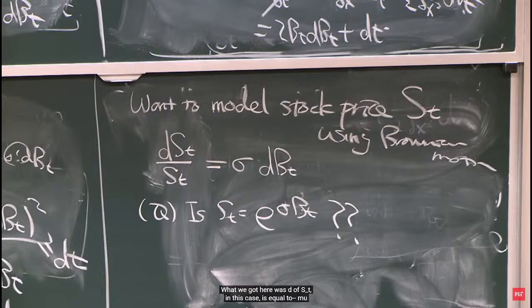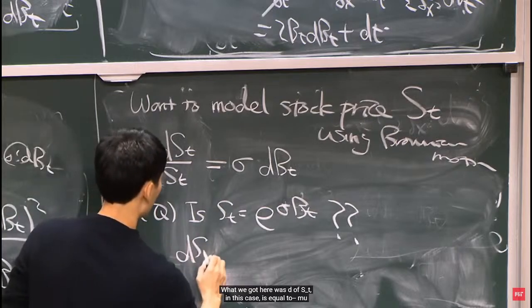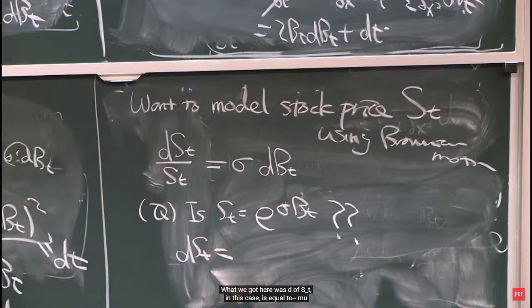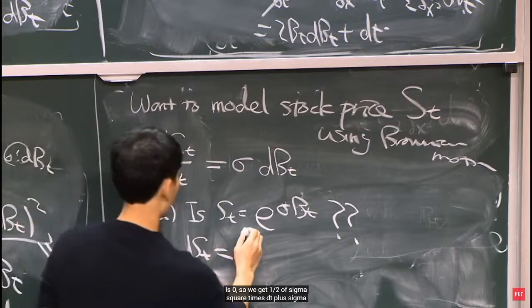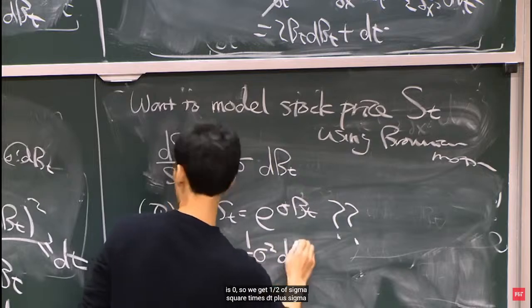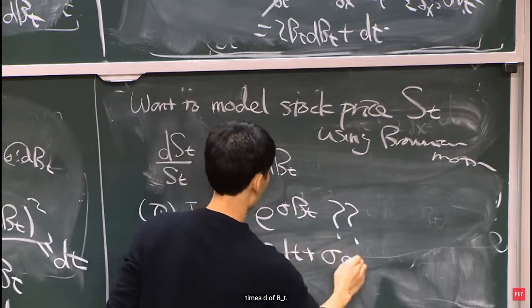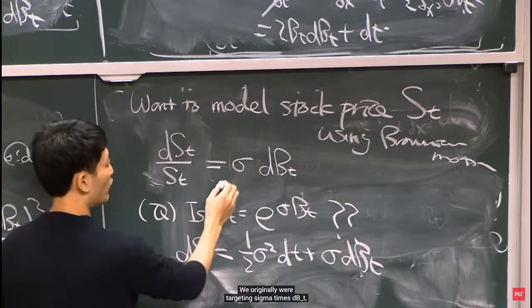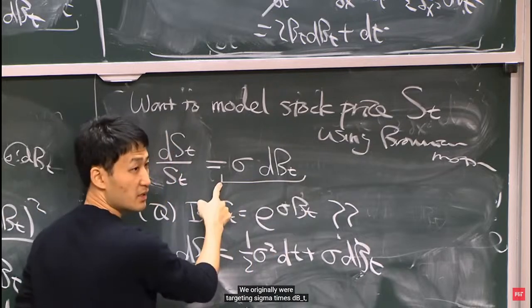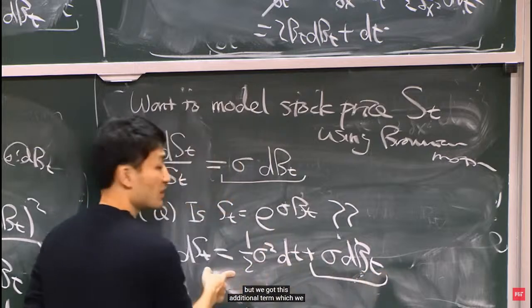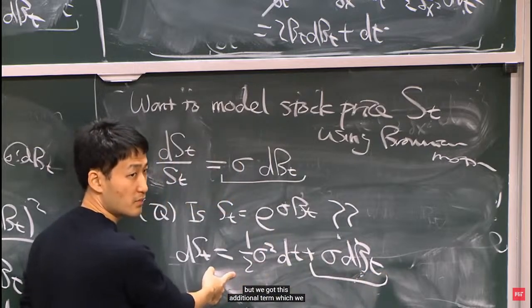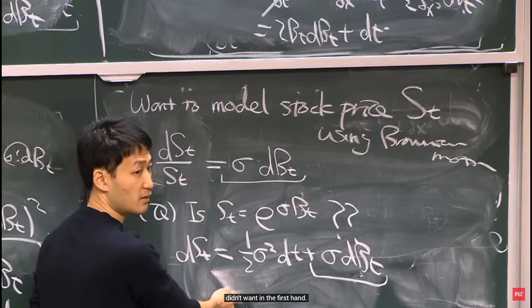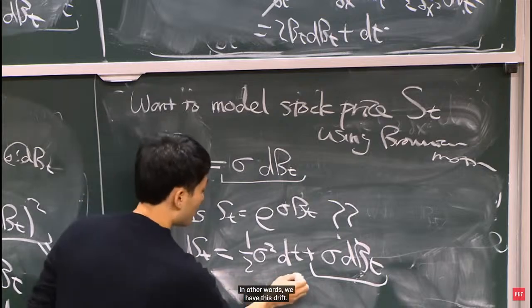What we got here was d of S_t, in this case, mu is 0, so we get 1/2 of sigma squared times dt plus sigma times dB_t. We originally were targeting sigma times dB_t, but we got this additional term, which we didn't want in the first place. In other words, we have this drift.